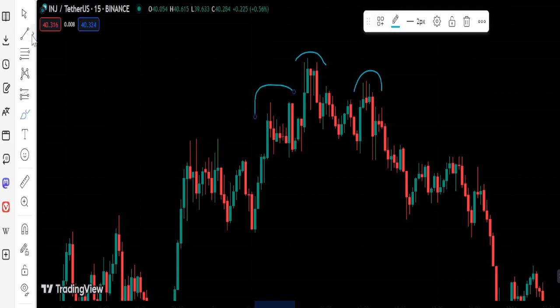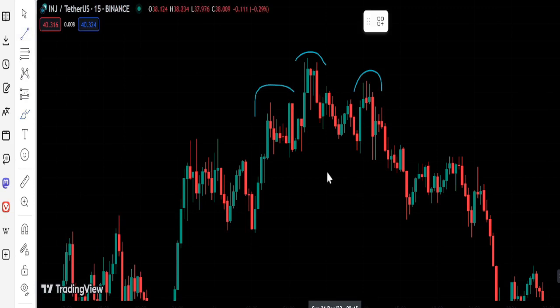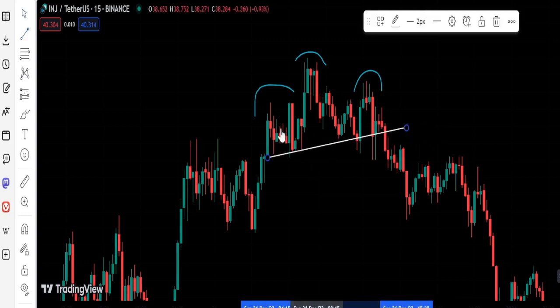And this pattern is only completed once there is a break of this neckline. So if this neckline is not broken, this pattern is not completed. Once we see this bearish candle closing below this neckline, then we can confirm that this pattern is completed.